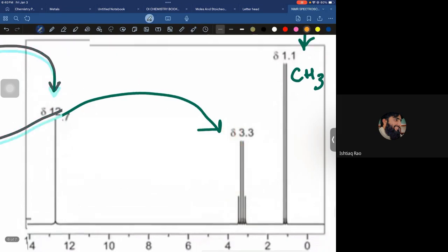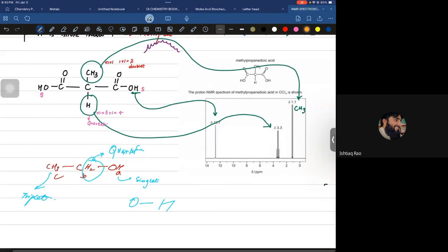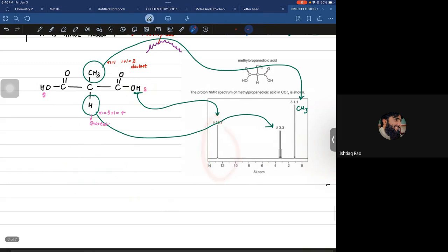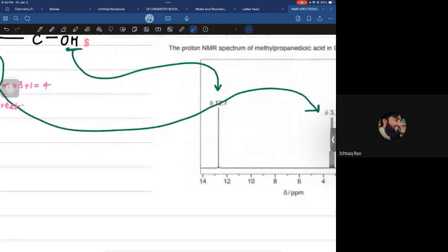Okay. So in this way we will find out our compound. It's very easy. Now you can see the values. This OH is around 12.7.